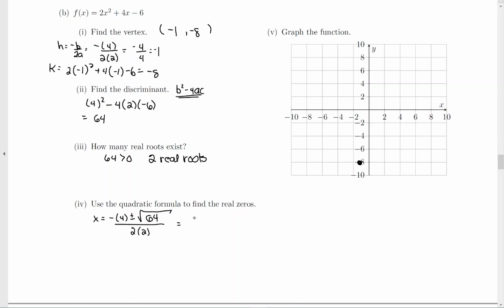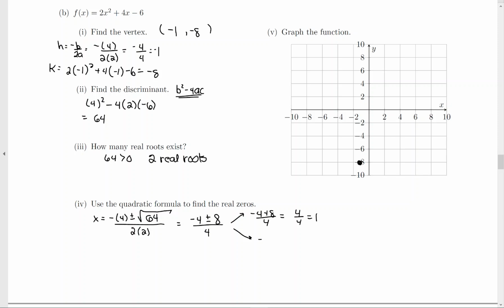All right, simplify the radical if you can. Square root of 64 is 8 over 4. And then this splits up into 2 separate answers. Negative 4 plus 8 divided by 4, which gives me 4 over 4, or 1.